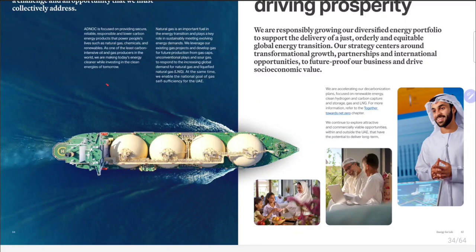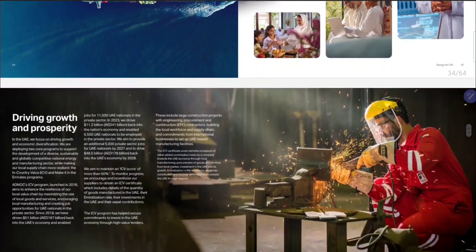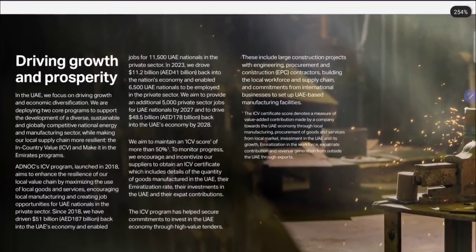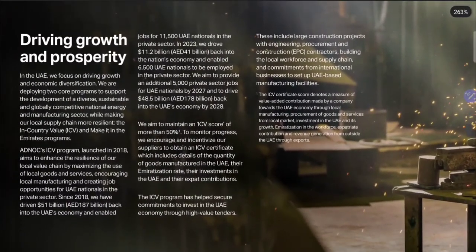So you can see and read this. How the company is contributing to the local economy, you can see the details, and again the ICV value details are also provided here in country value.